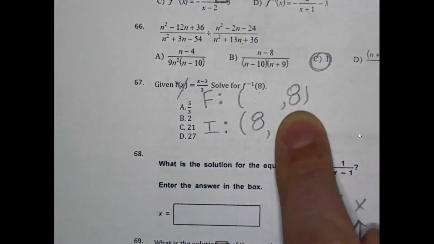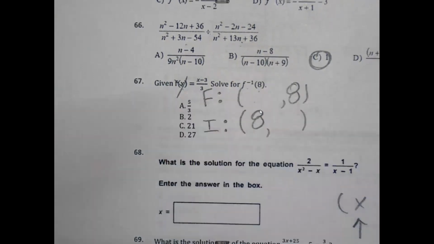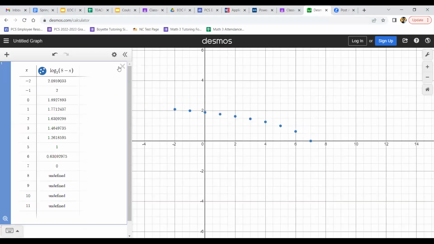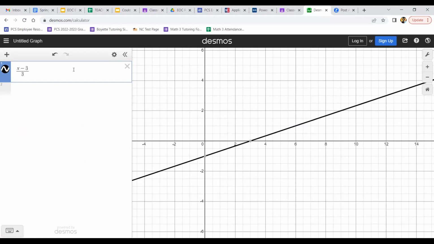Does that make sense? Okay, so what I'm going to do now is I'm going to graph this function. So the function is x minus 3 over 3. And then they're having us plug in those different answer choices.